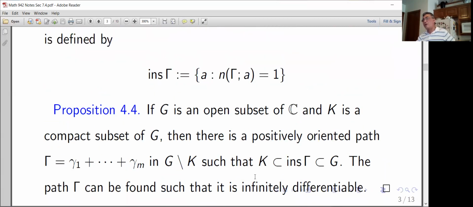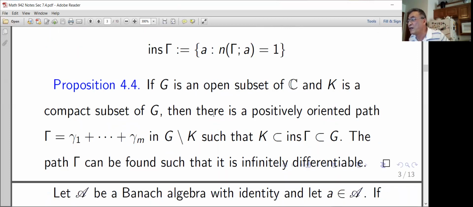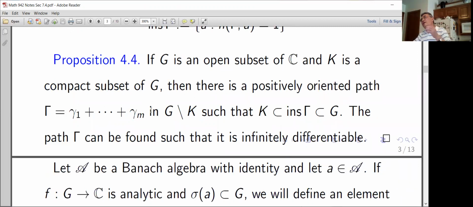So if K is a compact set in G, we can always find a positively oriented path to surround it, so that K is inside of that gamma. Again, if it needs a proof, the proof is in complex analysis.